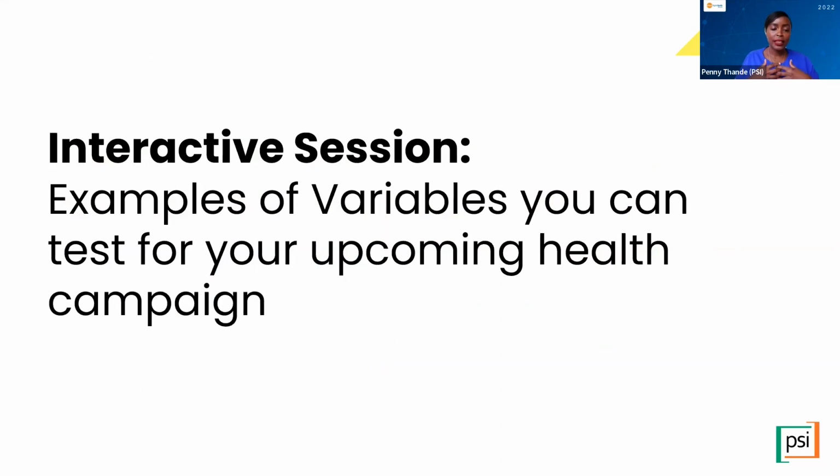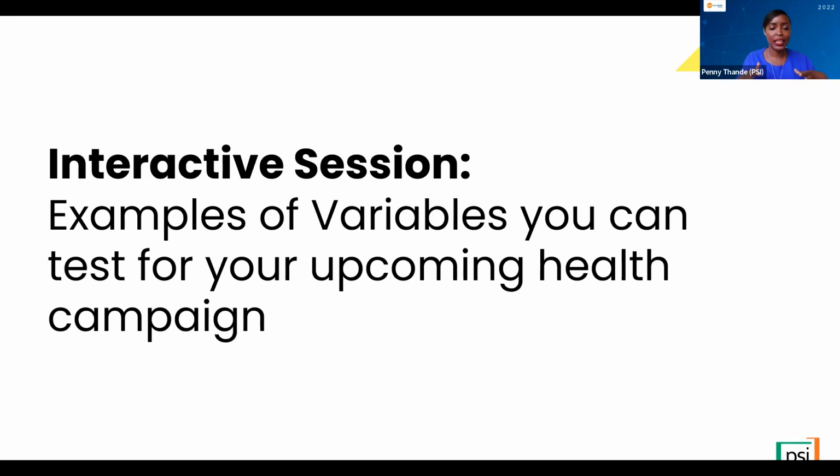So at this point, I'd like you to go to the chat. Remember, I said this is an interactive session. Just give us top of your mind, don't overthink it, examples of variables you can test for your upcoming health campaign. You don't have to give us details, but in the next 1 minute, go to the chat area and kindly let us know two variables. It could be message testing, as we've seen, or creative style.